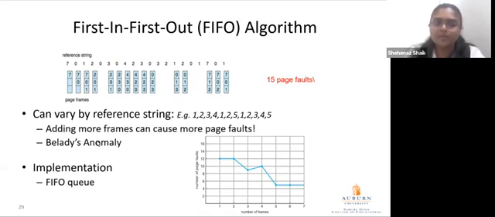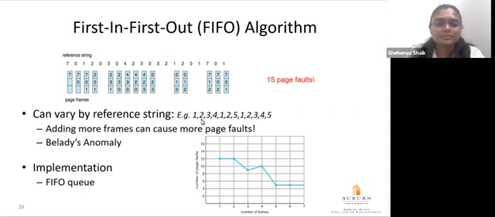But it suffers from what we call Belady's anomaly. What this says is that, depending on the sequence of page references as well as the number of frames we have available, it may not be the case that providing more memory frames to a process results in fewer page faults.